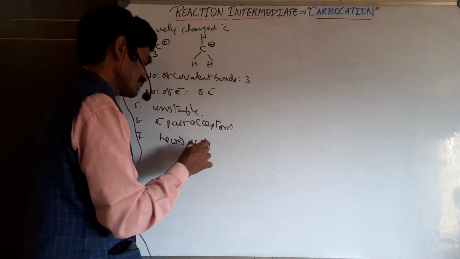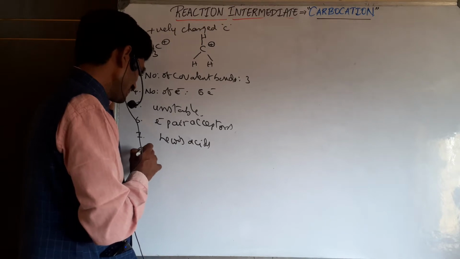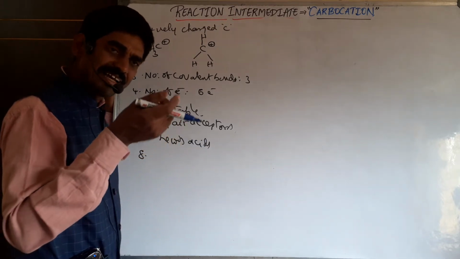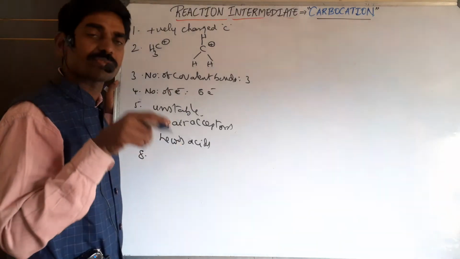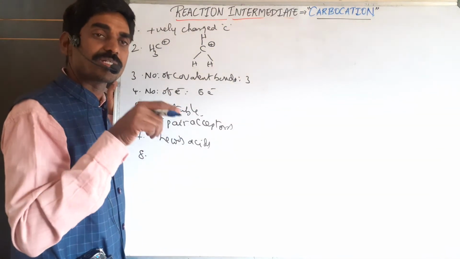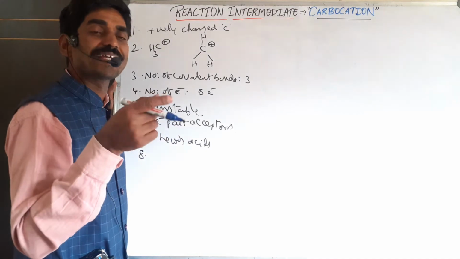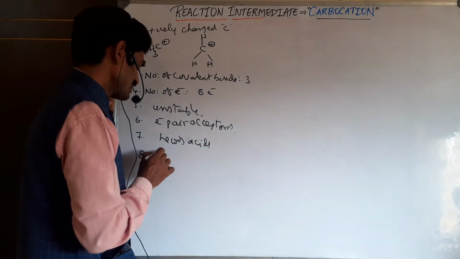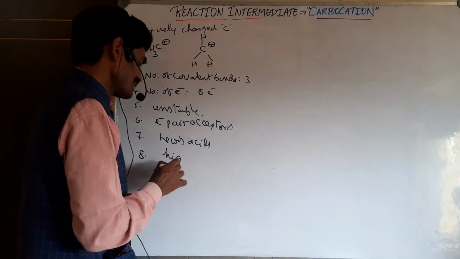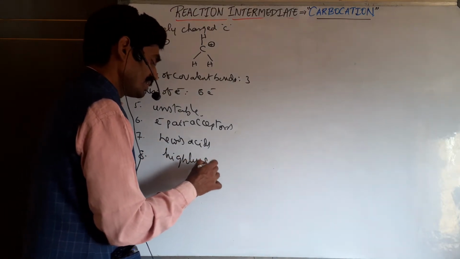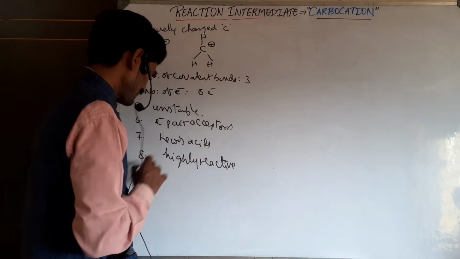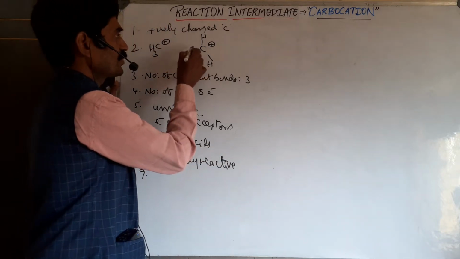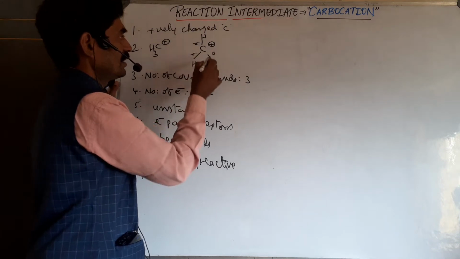Being electron deficient, it has to gain 2 electrons from others, so it actively participates in chemical reactions to take 2 electrons from others and be involved in bond formation. That's why it is a highly reactive species.